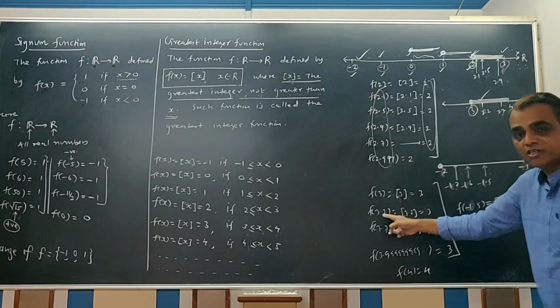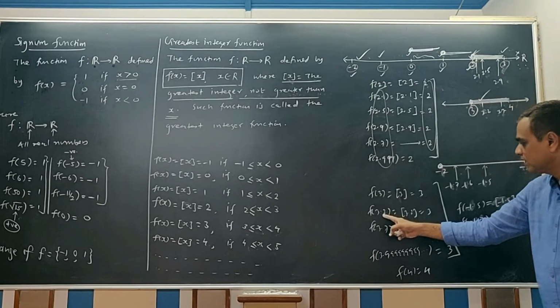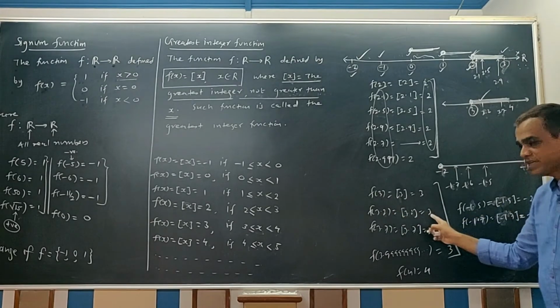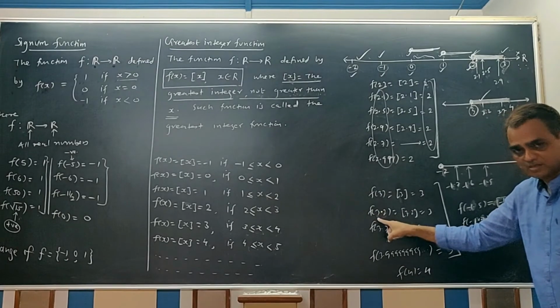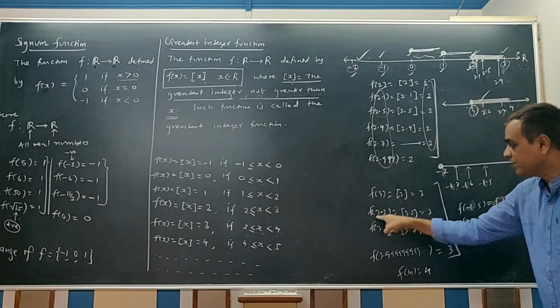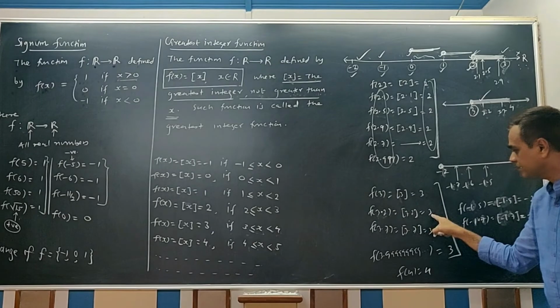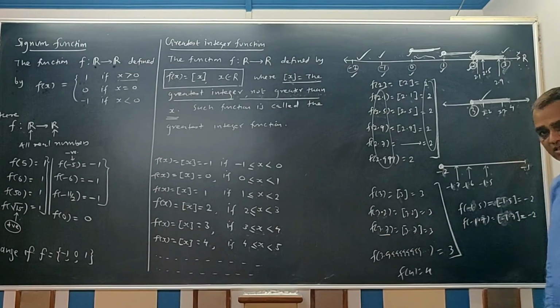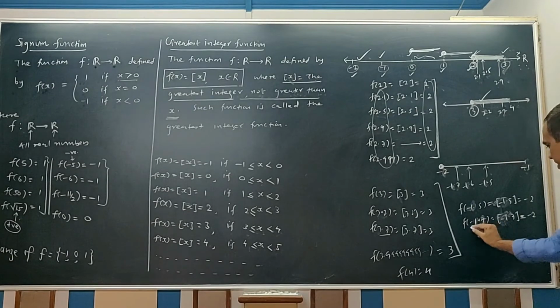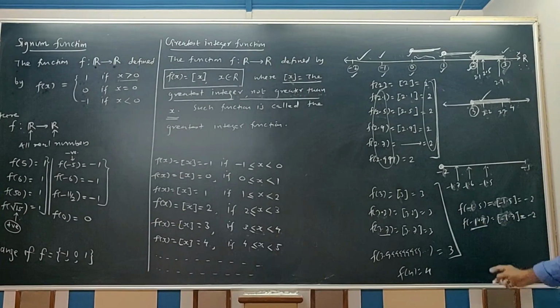When we were getting the positive numbers, you can see that the output is the integer part of that number. The integer part of 3.2 is 3, so the output is 3. Here the integer part is 3, output is 3. But remember, the number is negative. The integer part is not minus 1.